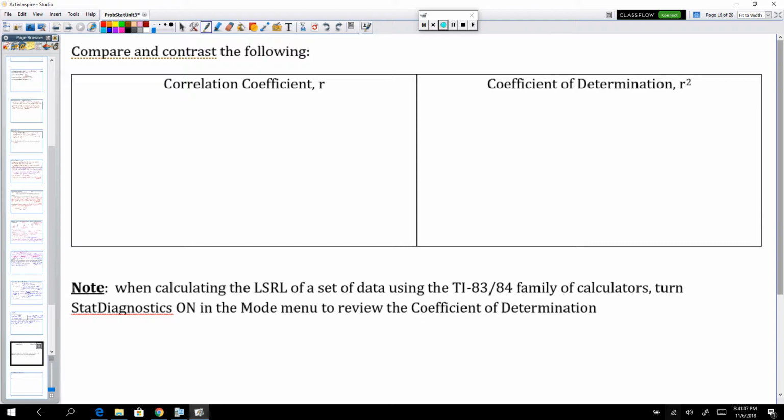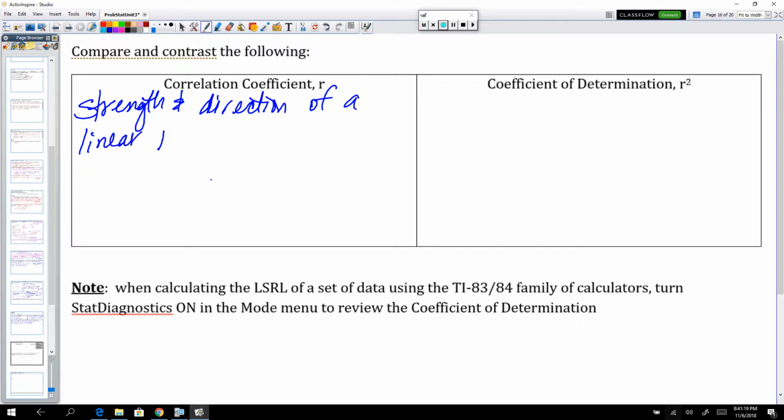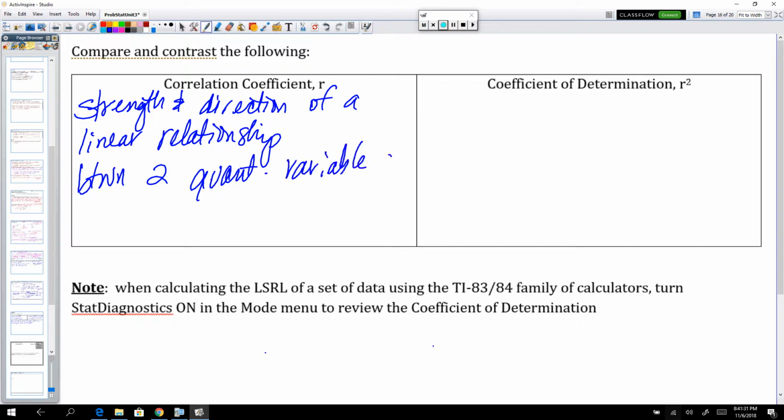Correlation coefficient, as a reminder, is strength and direction of a linear relationship. And it's always between two quantitative variables.